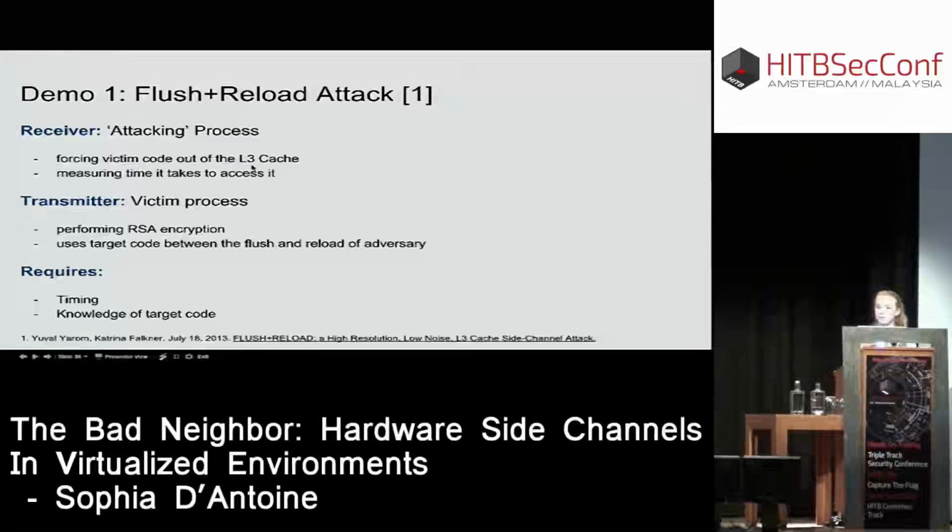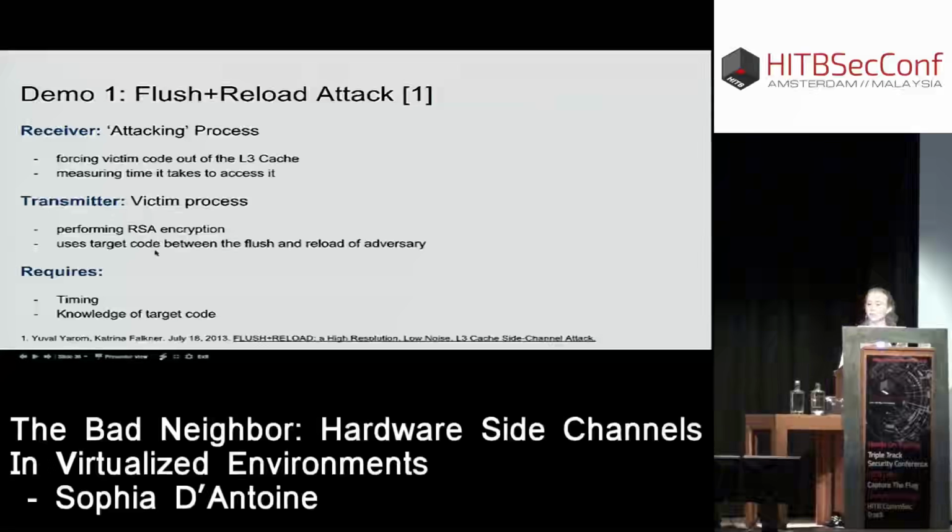So what you're doing is the receiver is forcing specific code out of the L3 cache and measuring later, after it waits a little bit. And the transmitter is performing some RSA encryption in between that forced eviction and the measurement that the receiver is taking.